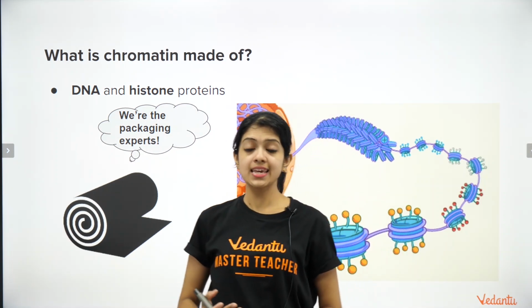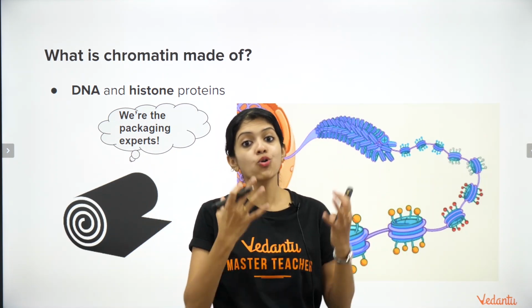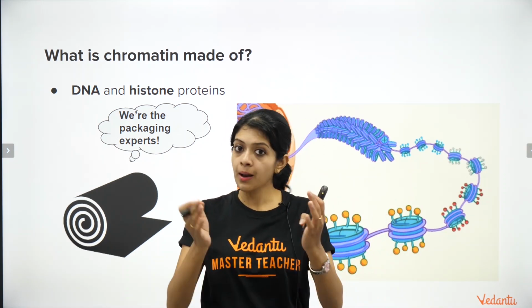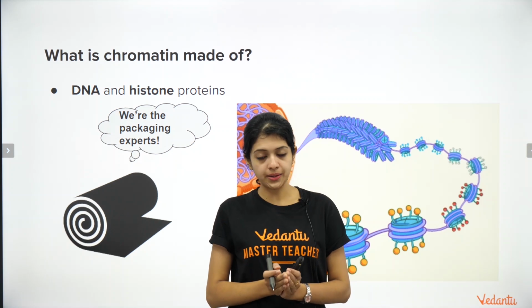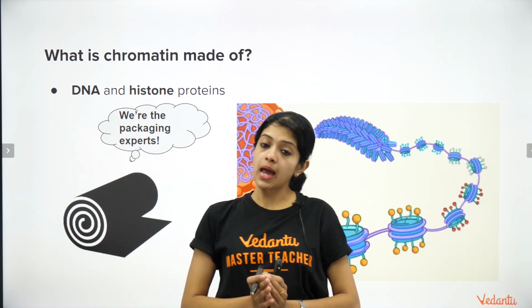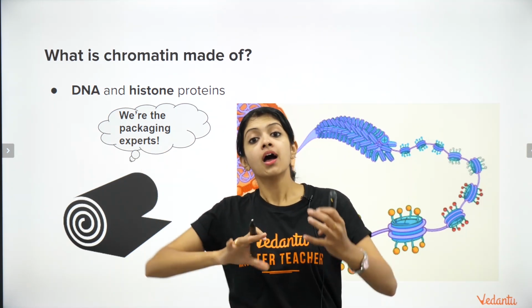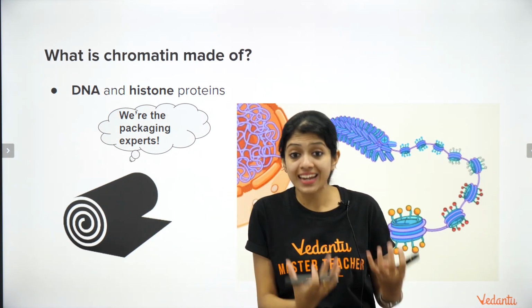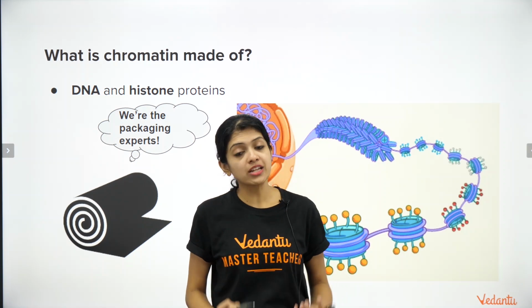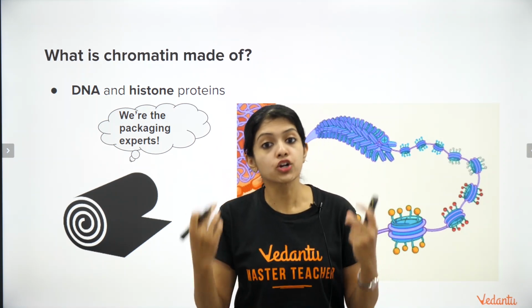What is DNA? DNA is deoxyribonucleic acid. Biochemically, that's what the genetic material is in our body. Histone is a type of protein that's found in our body. DNA and histones are together formed into different clusters and arranged into the thread that we know as chromatin.